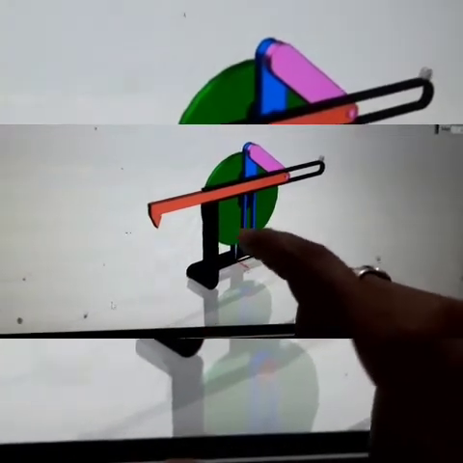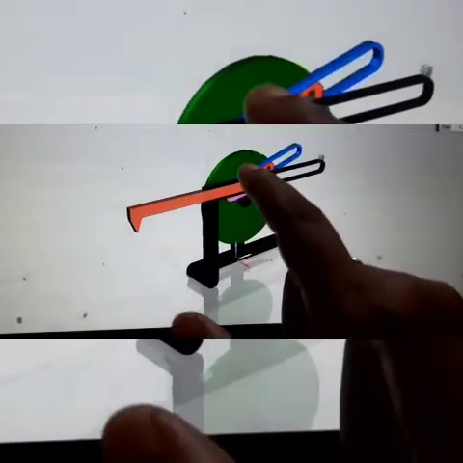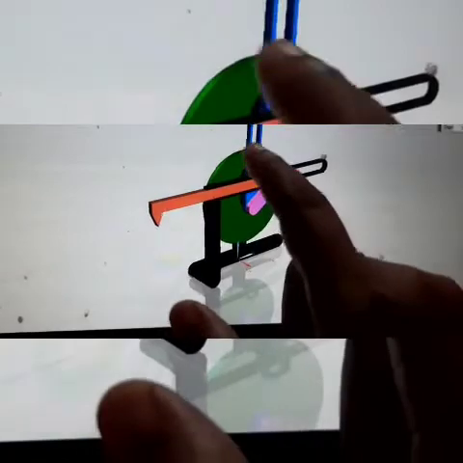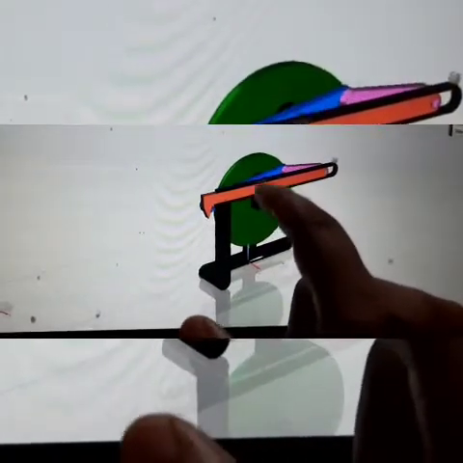So when the crank rotates, the sliding member will slide. You can see here, when the crank is rotating, the sliding member is sliding inside this slotted bar, and this slotted bar is pivoted about this black portion. So it is also oscillating about this fixed point.